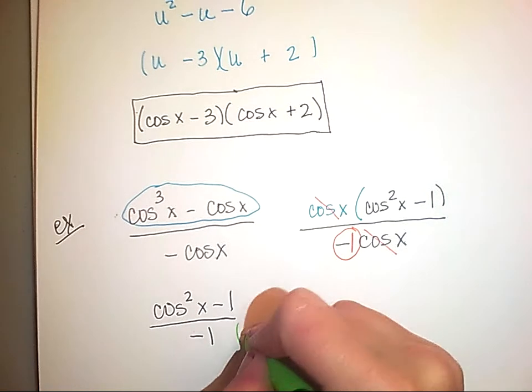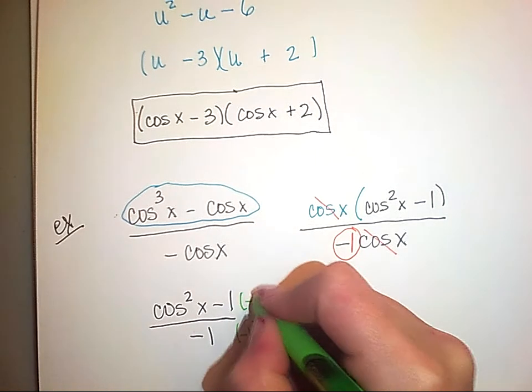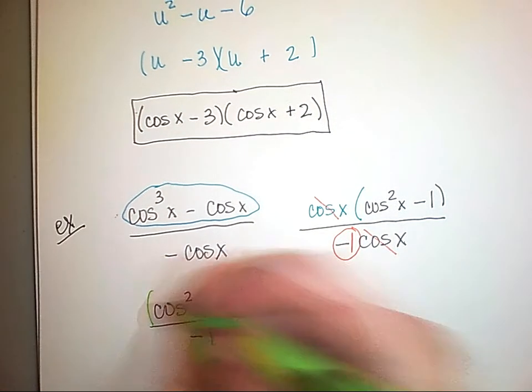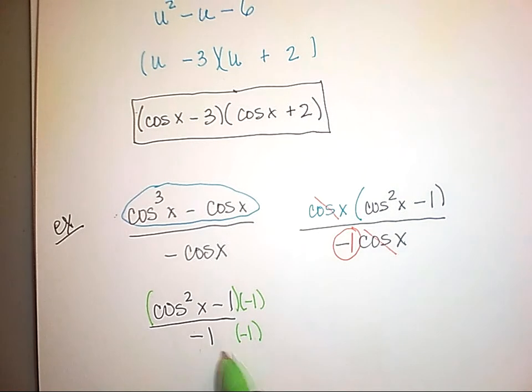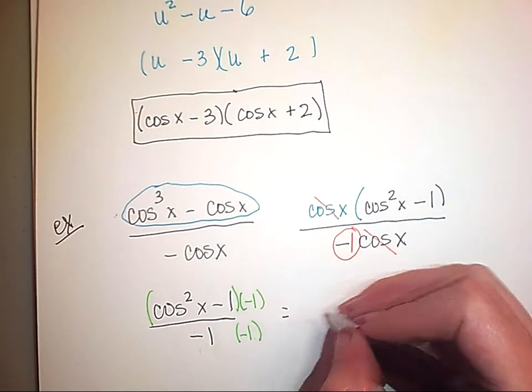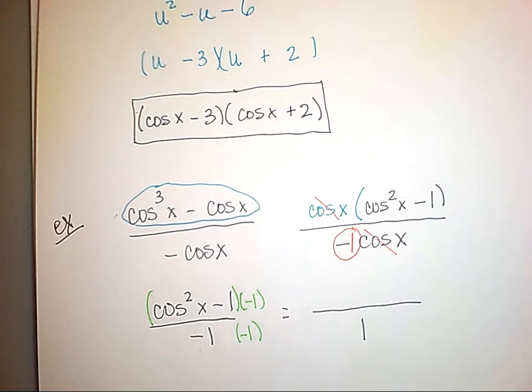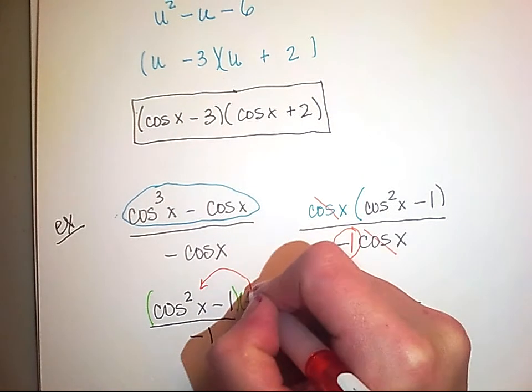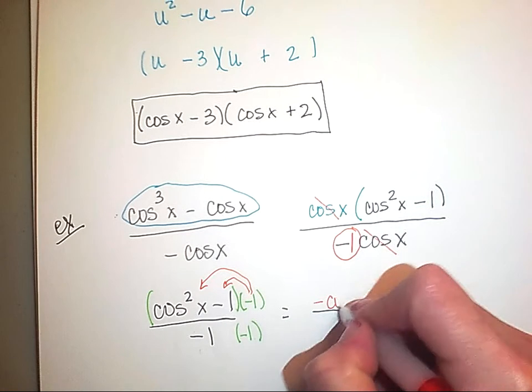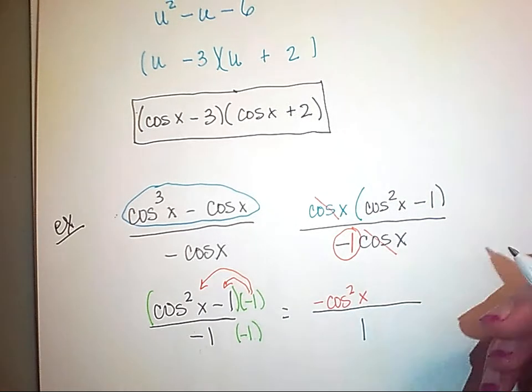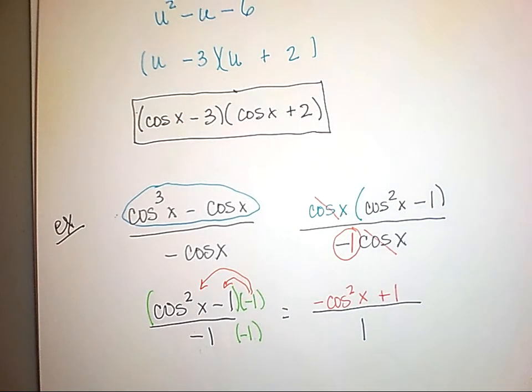Well, I'd like to get rid of that negative 1 in the denominator, so I can multiply up top and down below. The reason I do that is a negative 1 and a negative 1 become a positive 1. Now when I multiply the negative through up top, we're going to get minus cosine squared of x plus 1.